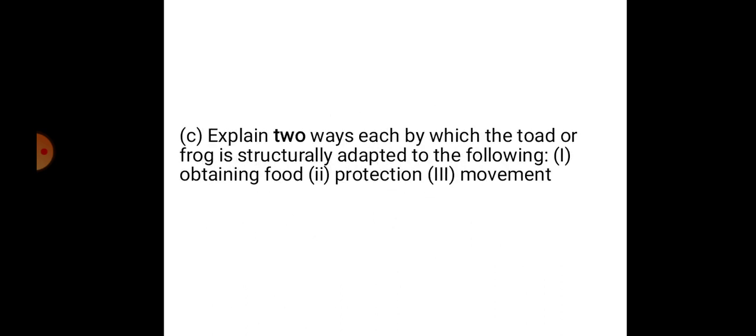Then the C. Explain two ways, each by which the toad or frog is structurally adapted to the following: I. Obtaining food. II. Protection. III. Movement.